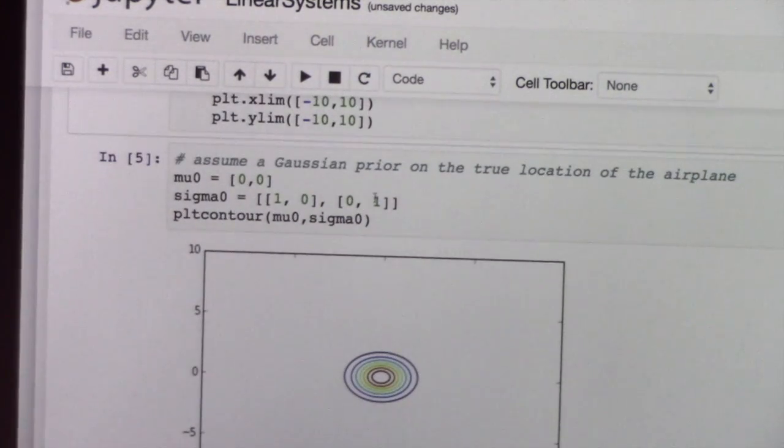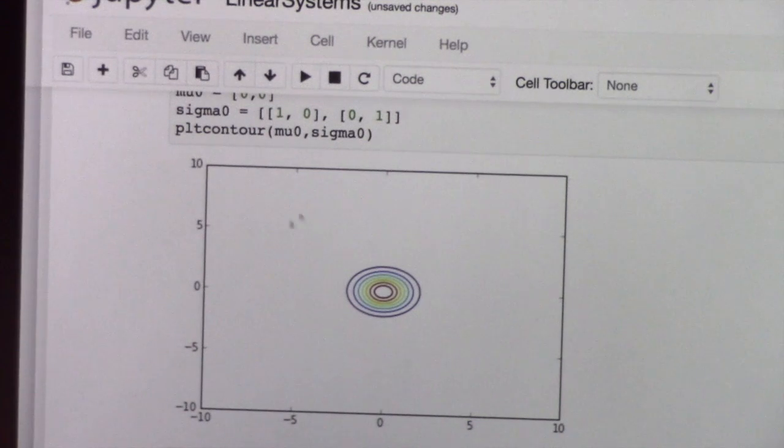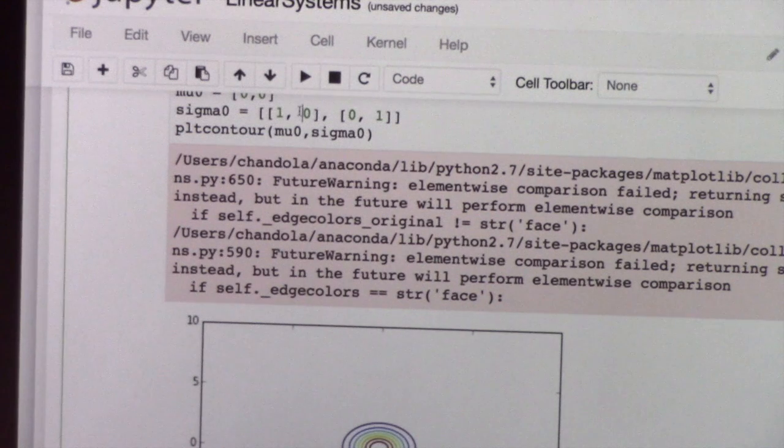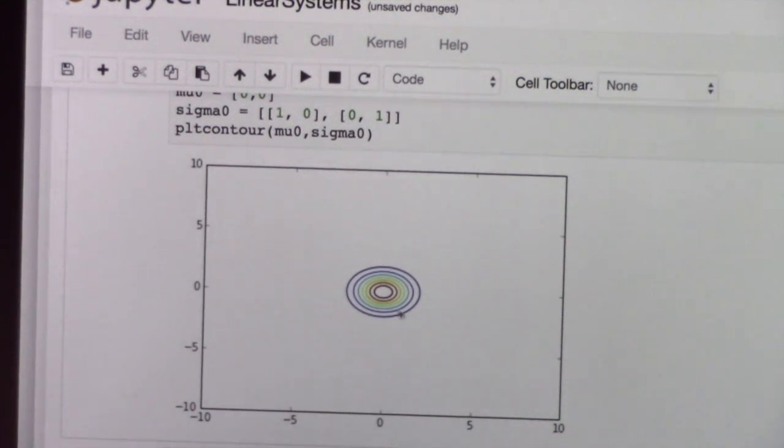Let's say that this is our ocean, and right now this gives you the prior. What this is saying is that I believe that the airplane is at (0, 0). It's a weird example, but let's assume that latitude and longitude are both zero. This tells you what your prior distribution is.